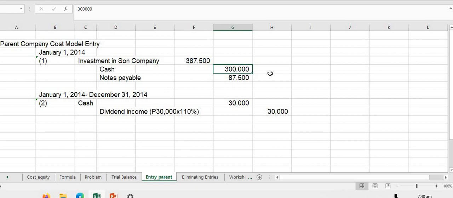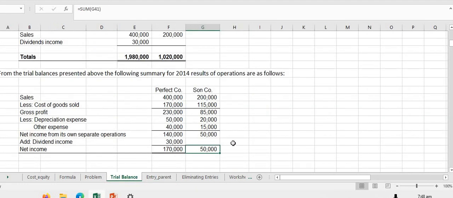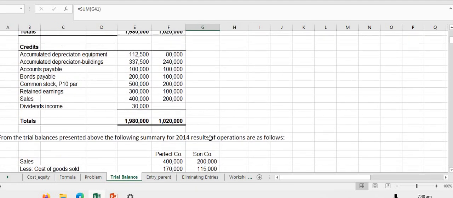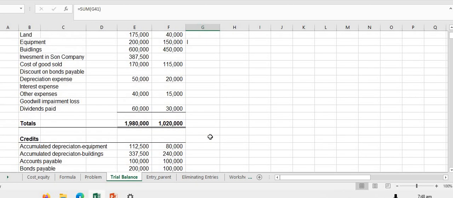Okay? So, under the cost model, the dividend, since there is always a dividend, declared by the subsidiary. There is a dividend paid by the subsidiary of 30,000.